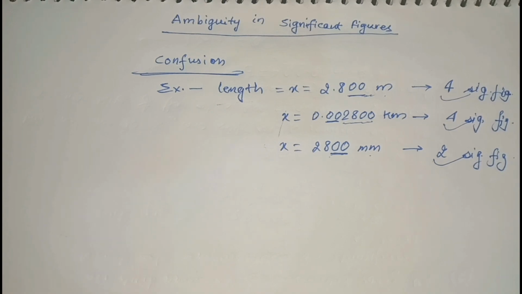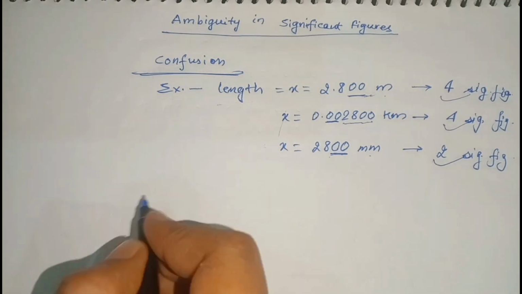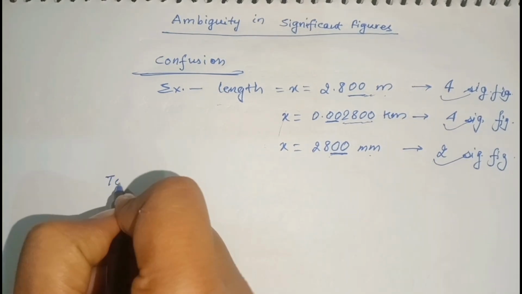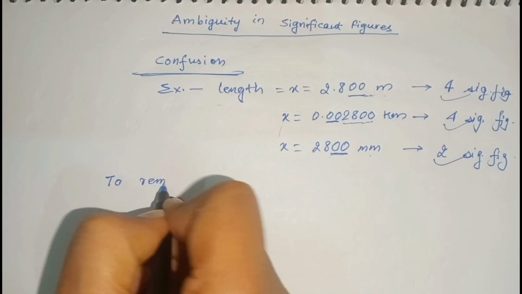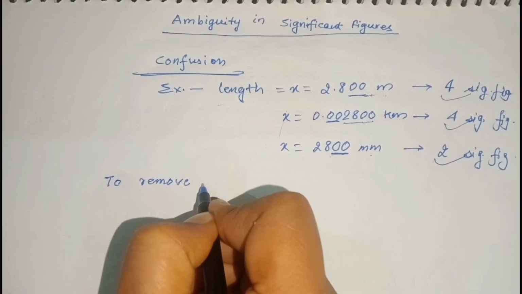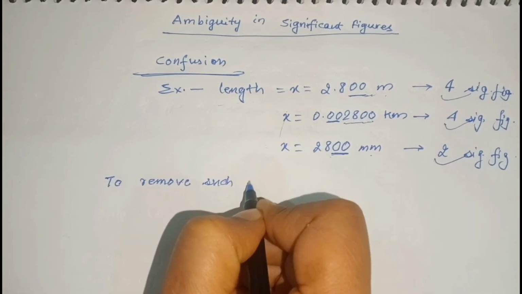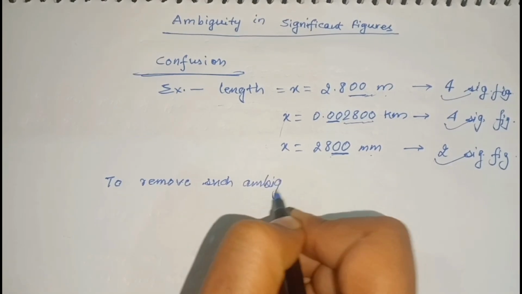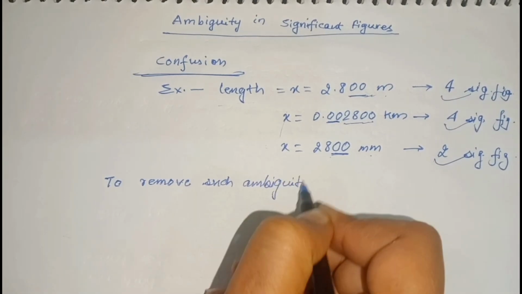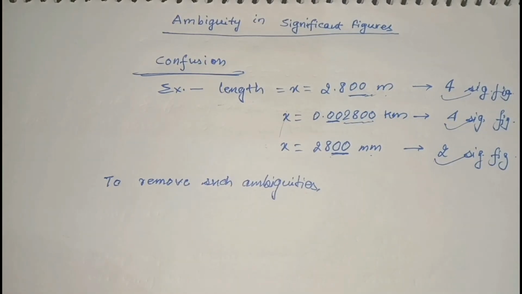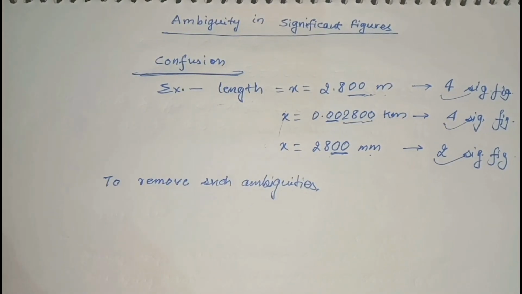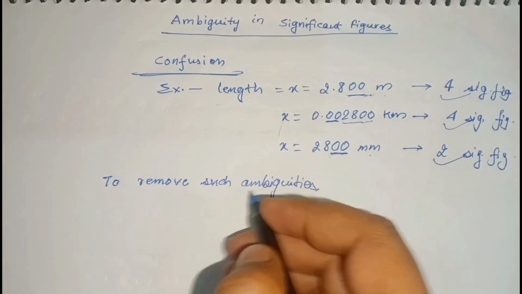If this question arises, then we write, to remove such ambiguities, what do we do? The best way is to express the results in scientific notation.